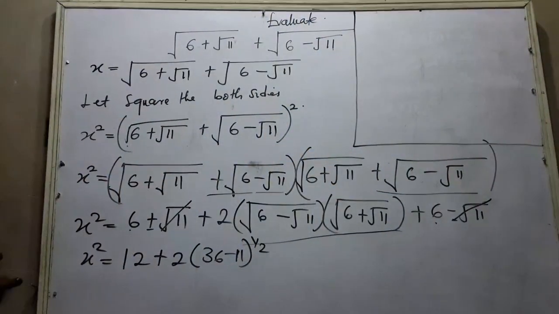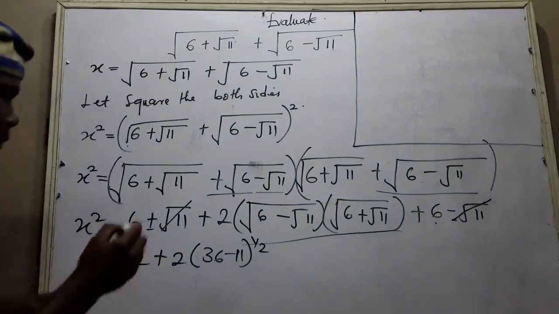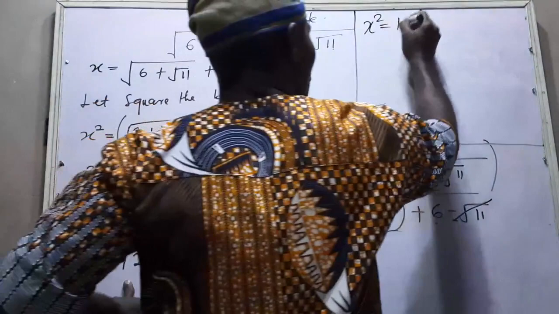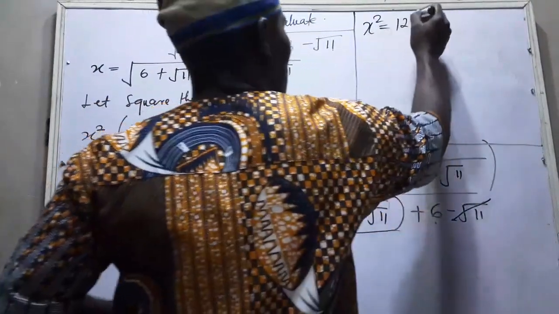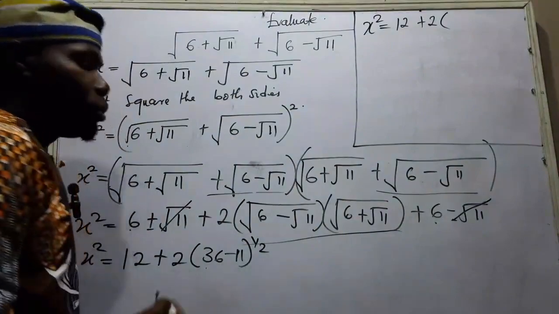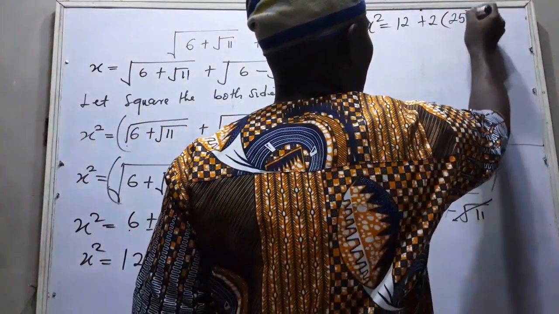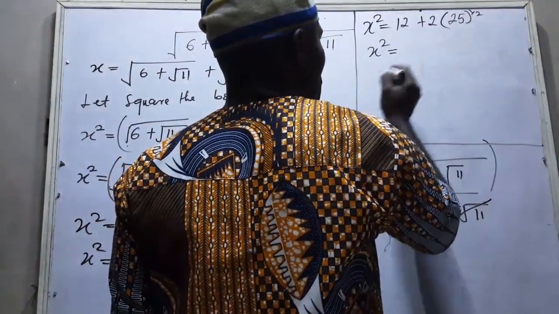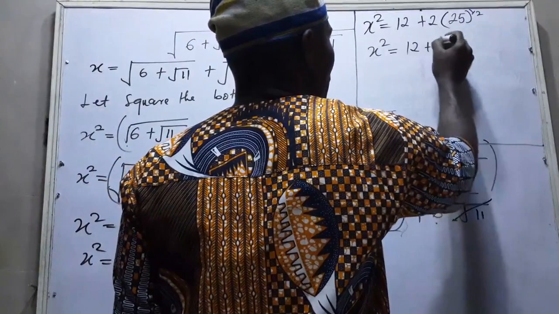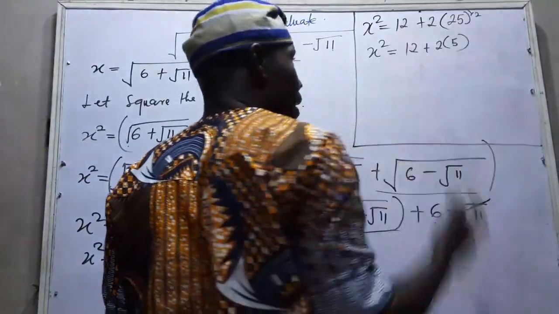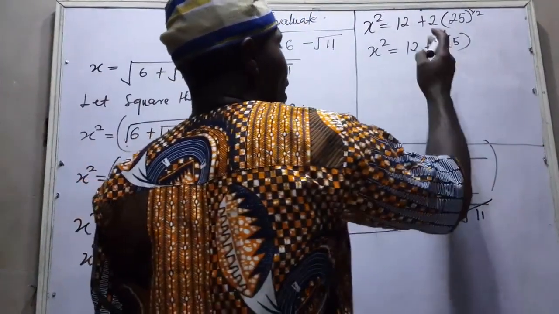Now, our x squared will now give us 12 plus 2 onto, so 36 minus 11 will surely give us 25. 25 raised to power half, that is square root of 25, which is 5.